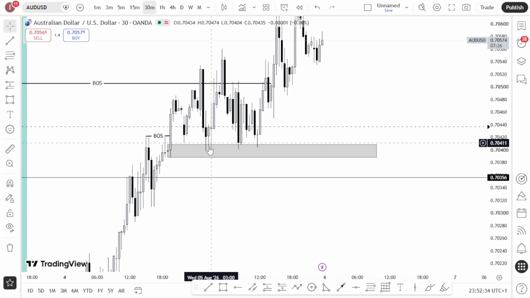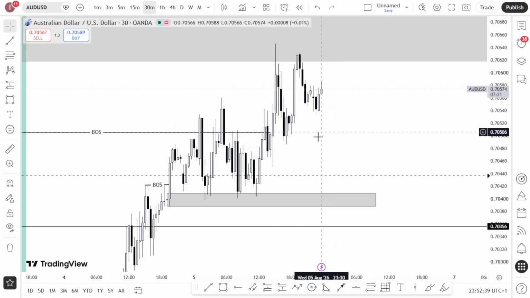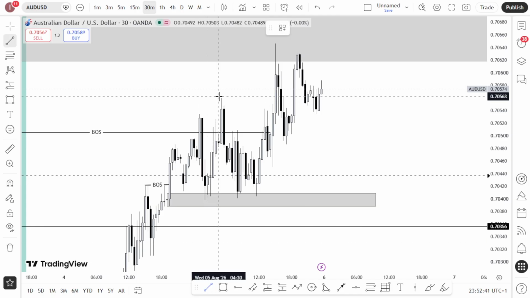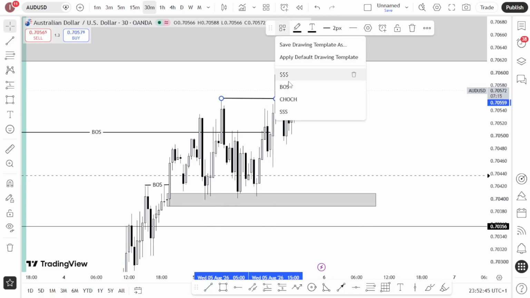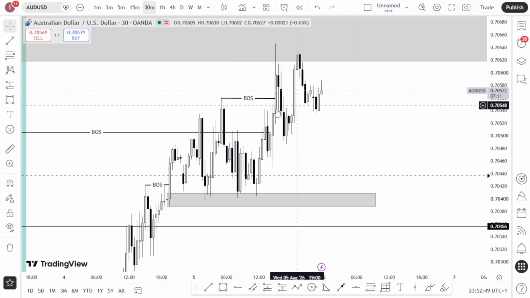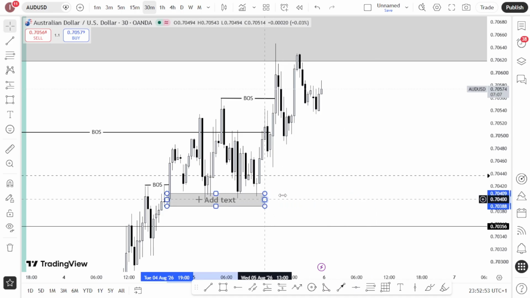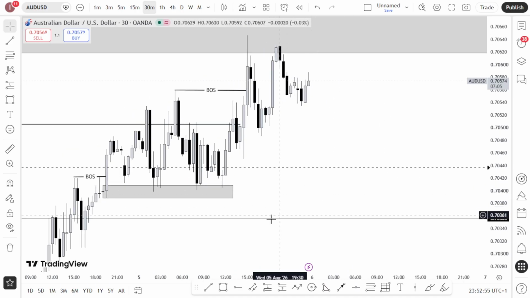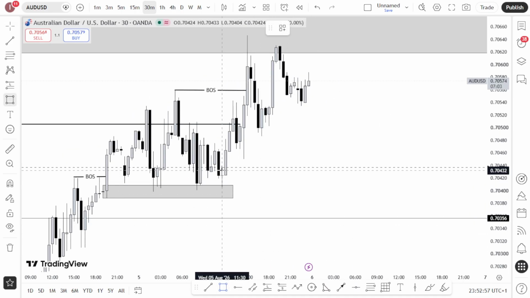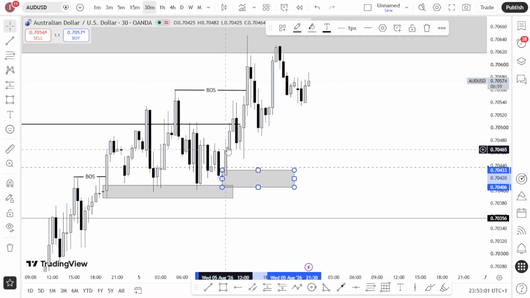It bounced up once, twice, 3, 4 times before pulling up and gave another new breakup structure here again. Do you understand? So after giving another new breakup structure, if you look closely again, we have another tiny order block here.